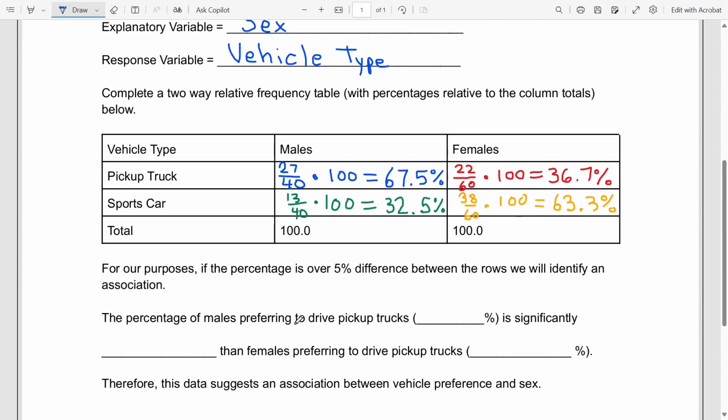So the percentage of males preferring to drive pickup trucks, that's the 67.5%, is significantly higher than females preferring to drive pickup trucks. That's 36.7%.